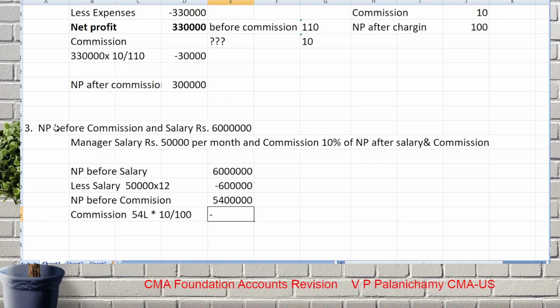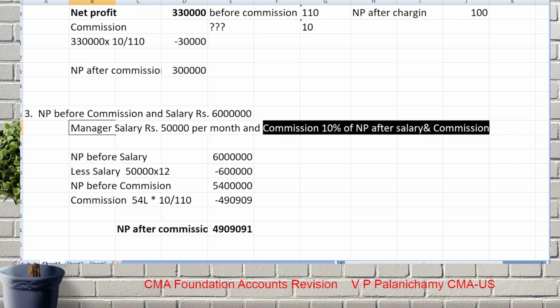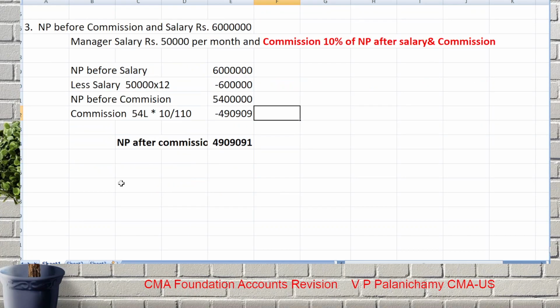So less பண்ணா, what will be the net profit after commission? 54 lakhs minus this. 10 by 110. Another word is commission is 10% of net profit after charging commission. Okay, this is third type question they can ask.